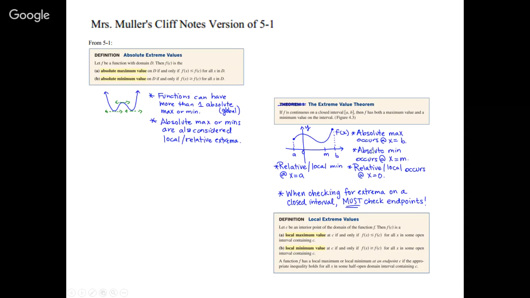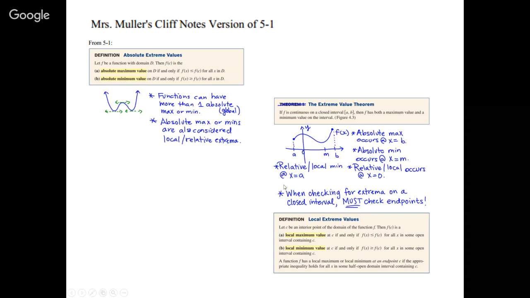I have an absolute minimum that occurs at x equals m, which is on the interior of the function, and that's where we have a 0 slope here, so pay close attention to that. And then we have a local minimum at x equals a, and we have a local or relative maximum, and I should have a max on my notes here, at x equals 0.